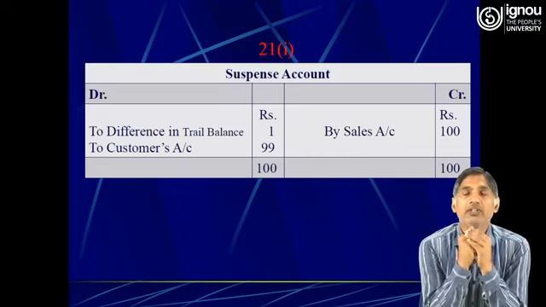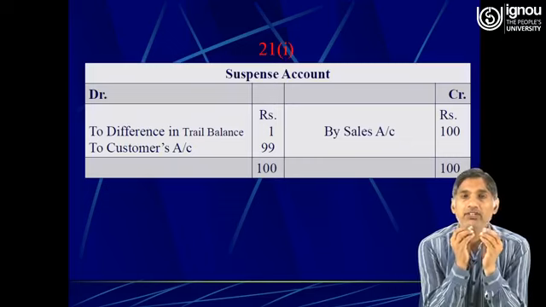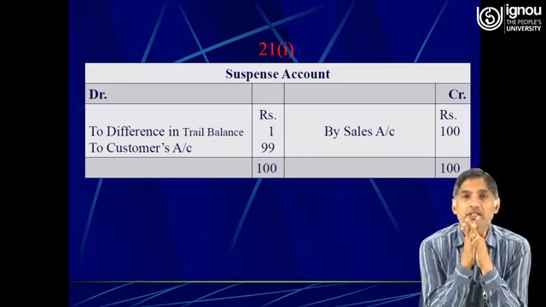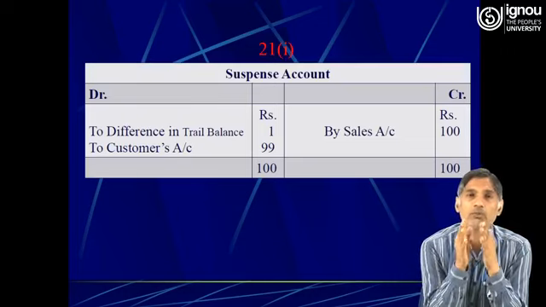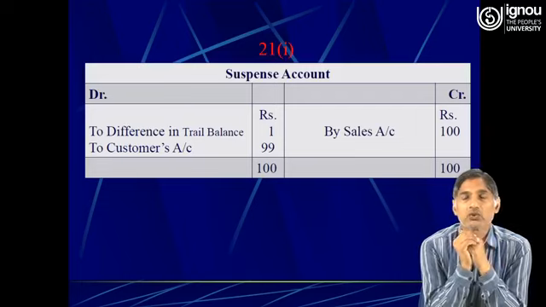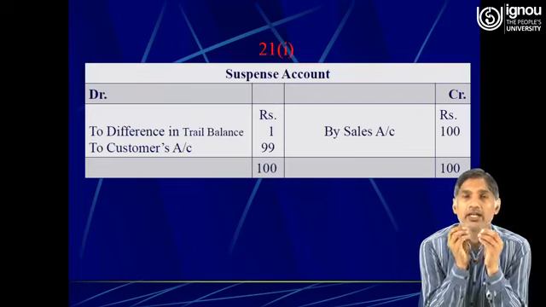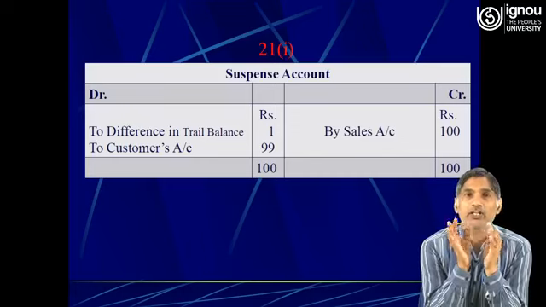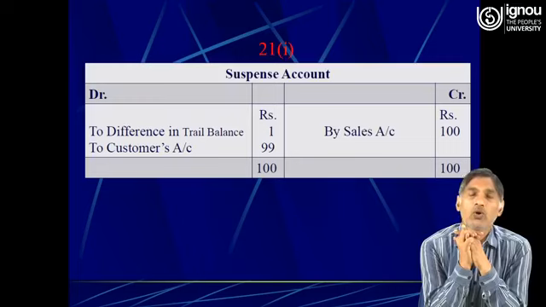So when we try to locate the errors, if the suspense account is not tallied, it means that there are definitely some errors which have not been located yet. So suspense account can be closed only when 100% errors are located and rectified. So the suspense account will automatically get closed.